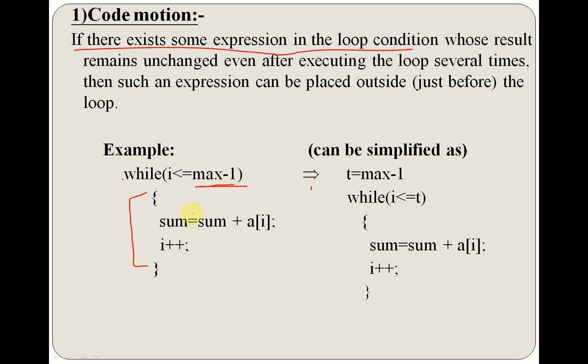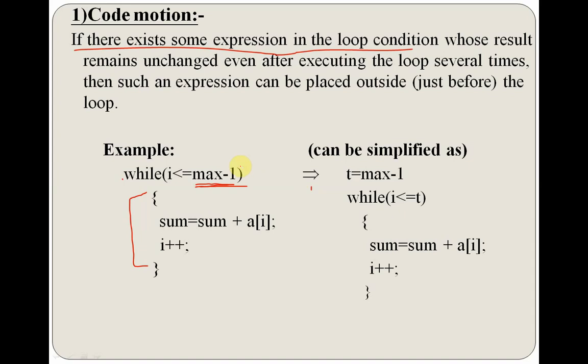In this loop body, the max variable value is not being modified. So the max minus 1 value is always the same when I compute in the first iteration or second iteration. Every time I will get the same value, so no need to compute this every iteration. So for that reason we can move it to outside.